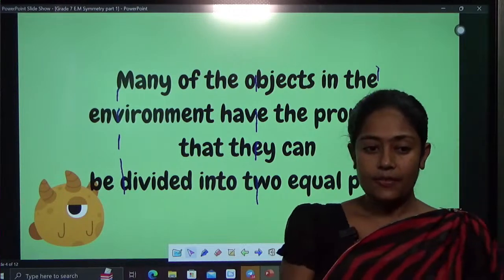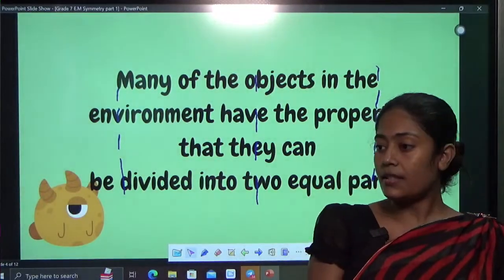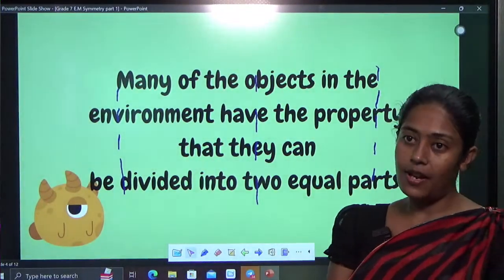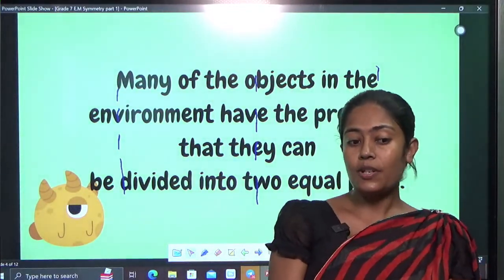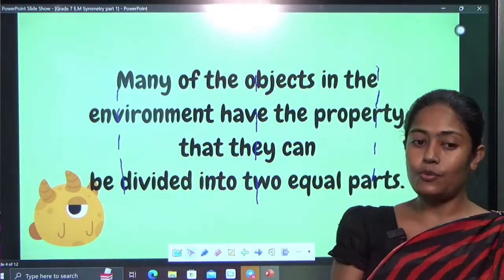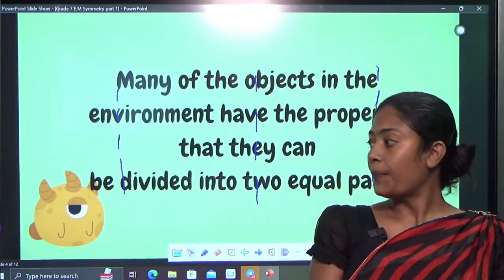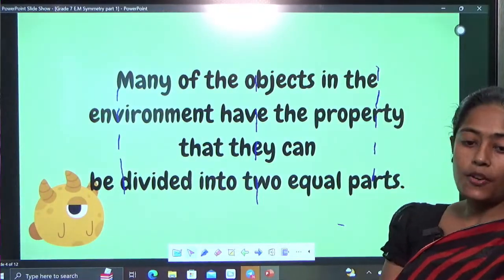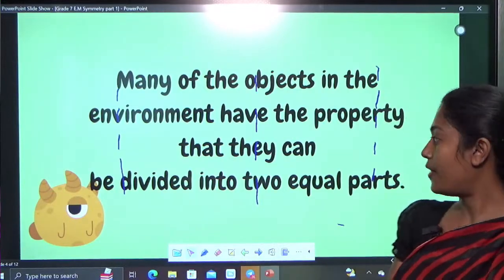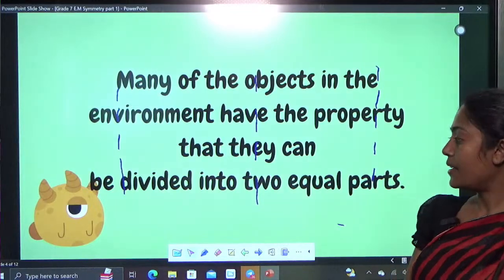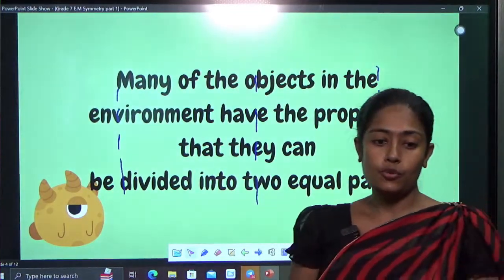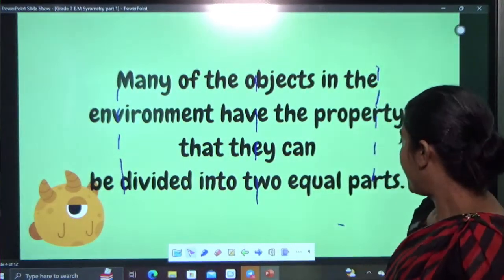Not only the figures we have learned here, other things we can find in the environment. If we say human also, we can separate into two equal parts, no? So most of the things in the environment have bilateral symmetry. That means we can separate that into two equal parts, right?